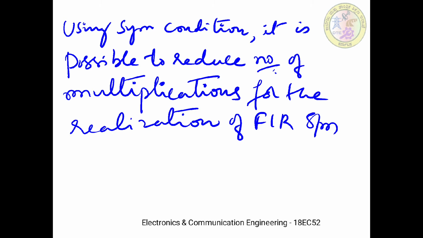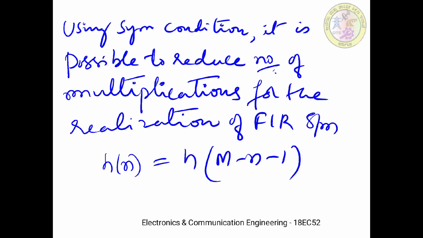Whatever symmetry we have seen here with respect to the impulse response h of n, if our impulse response satisfies this condition, that is h of M minus n minus 1, then that symmetry condition can be used in the realization of FIR systems with a reduced number of multiplications.